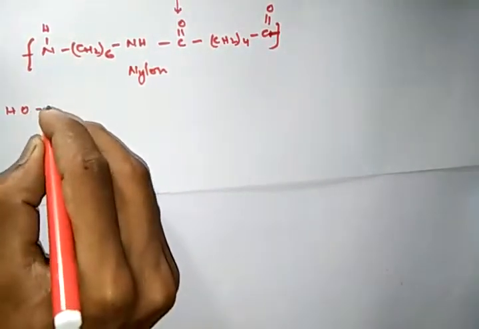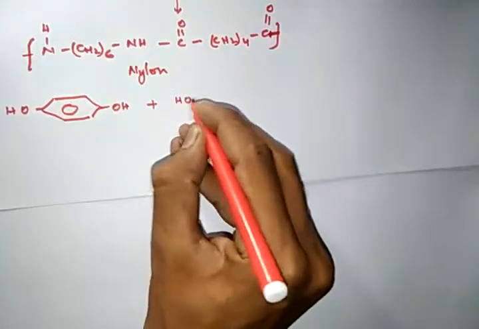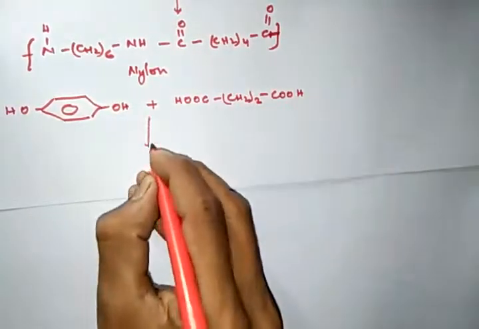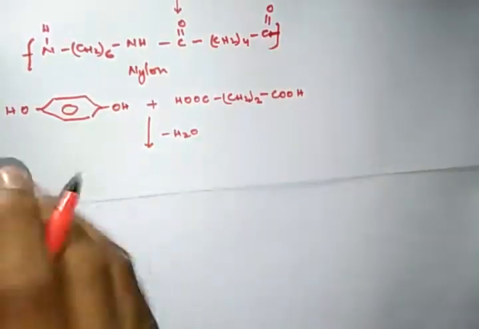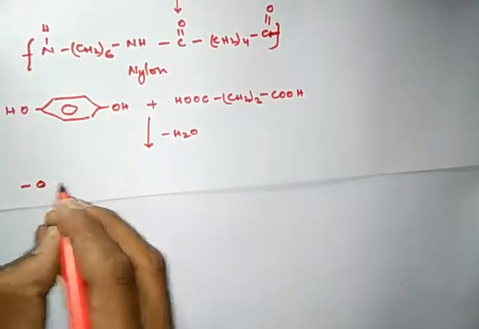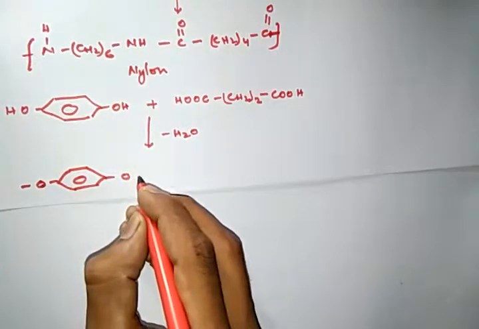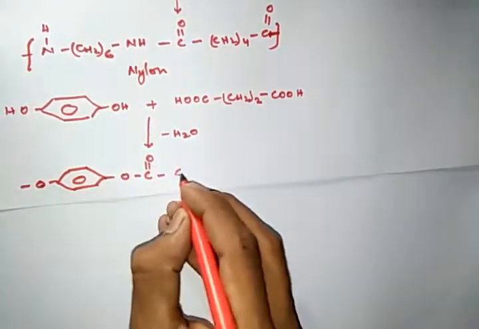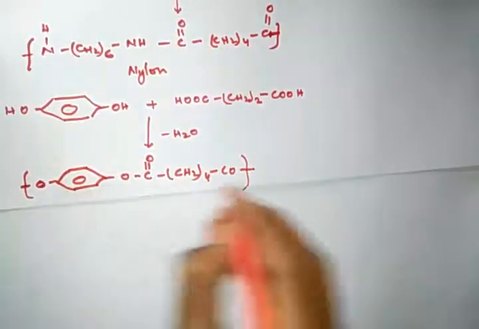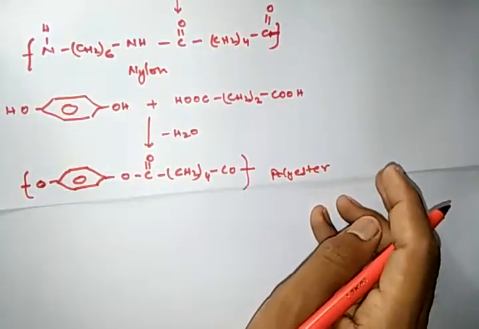So in polyester, one molecule and adipic acid undergo the reaction, and one water molecule is released, and polyester is obtained. This is polyester.